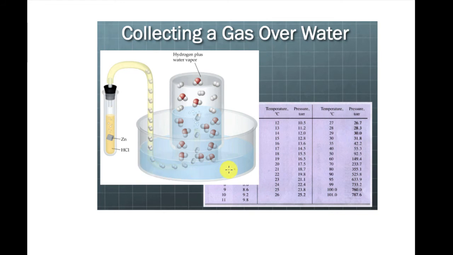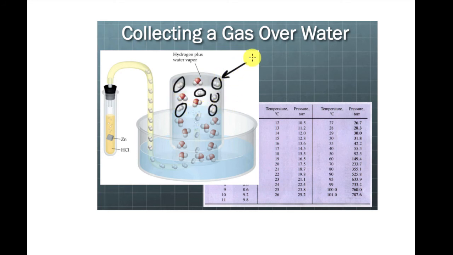Well, if we have a container here of water and a jar filled completely to the top with water, and we bubble in that hydrogen gas, we can get those hydrogen gas molecules to be separated from the outside air molecules, right? If I just let this go off into the air, it's going to mix in with everything else. We're not going to be able to isolate the hydrogen gas. So this is a way of isolating gases by collecting them over water. Because as that gas is generated, it's going to push down the water and just have the hydrogen gas.